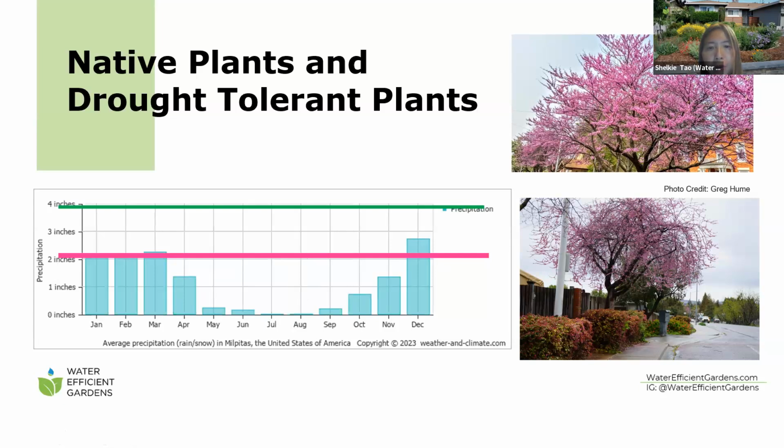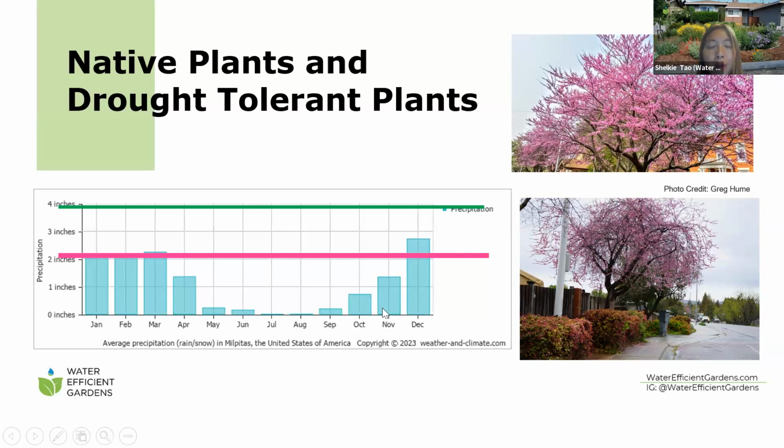So from the water-saving, water-wise perspective, the native plants will do much better than non-native drought-tolerant plants.